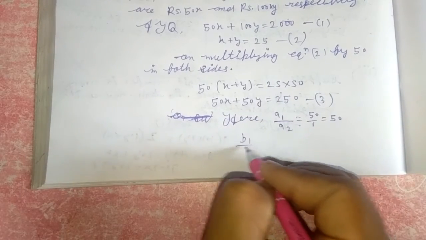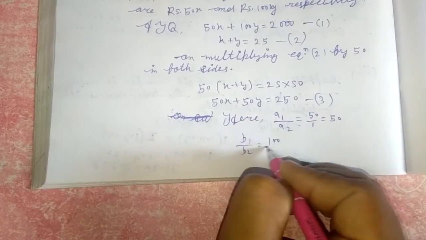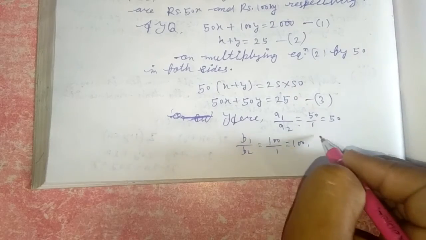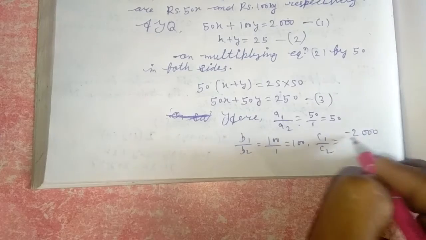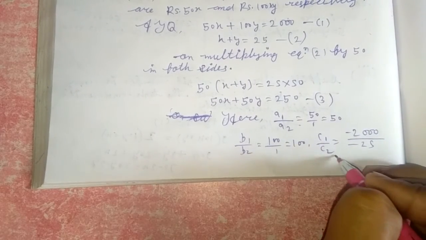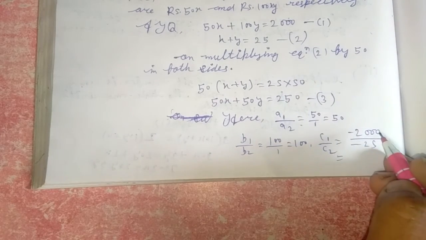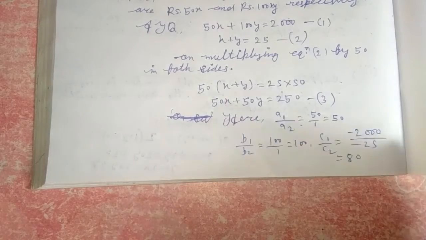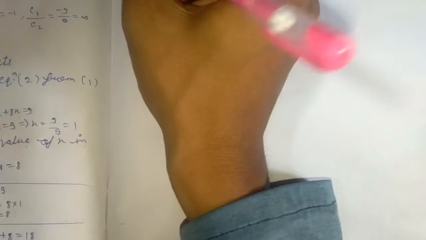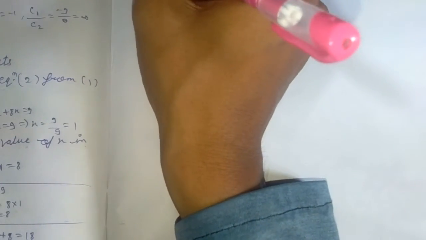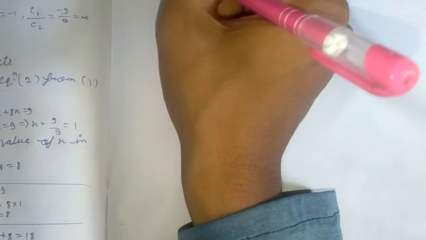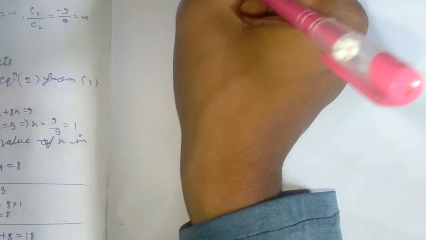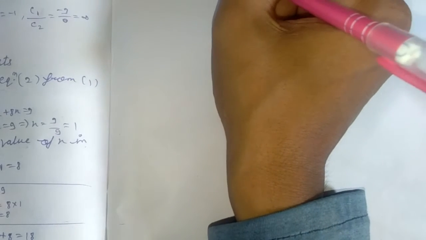And B1 upon B2 is equal to 100 upon 1, which means 100. C1 upon C2 is equal to minus 2000 upon minus 25, which means minus minus cancel out, 80. We can observe here, since A1 upon A2 is not equal to B1 upon B2, therefore a solution exists.